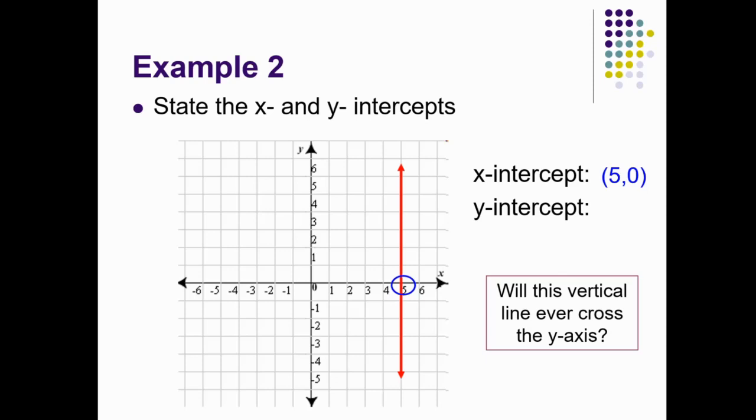It can go 5, 1; 5, 2; 5, 3; or it can go 5, -1; 5, -2; 5, -3, and so on, but it will never move the x value. So the answer to that is a big no. Our y-intercept for this graph is none.